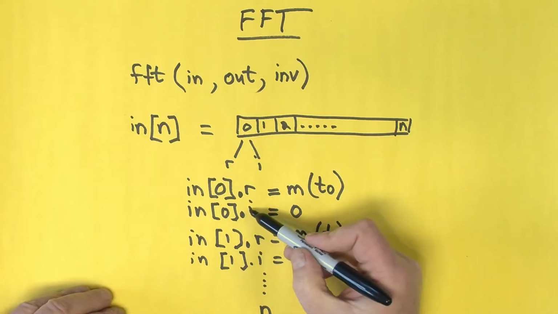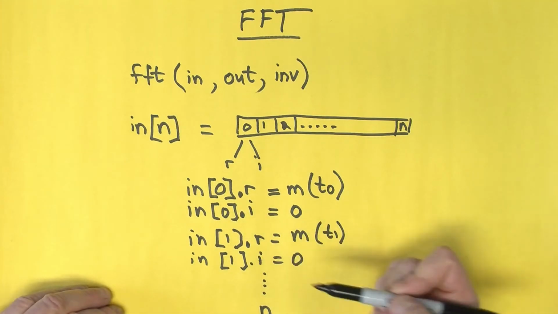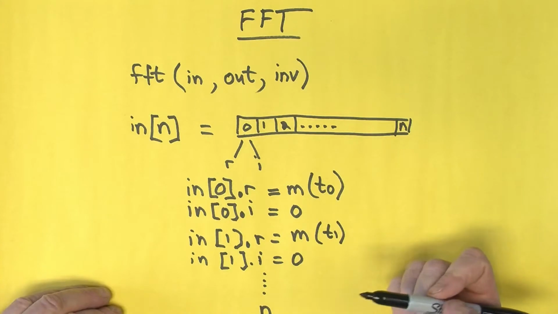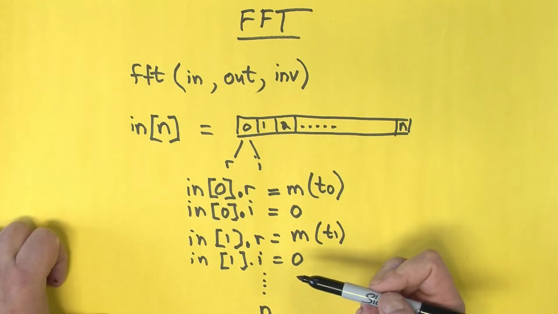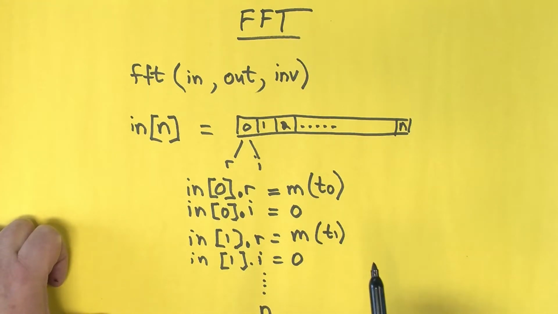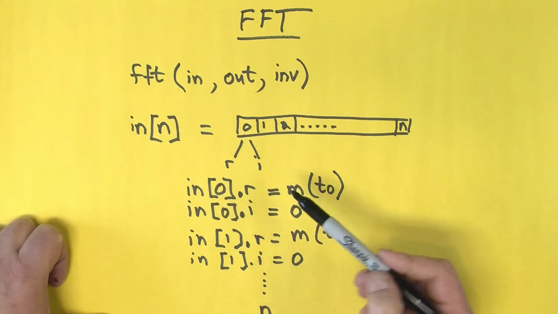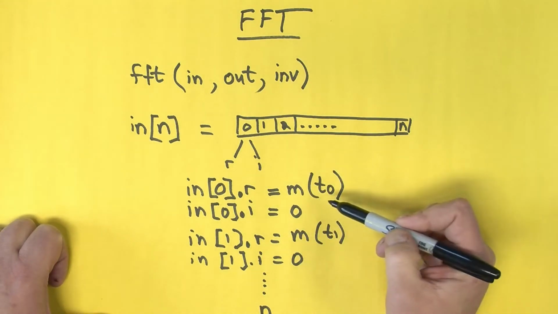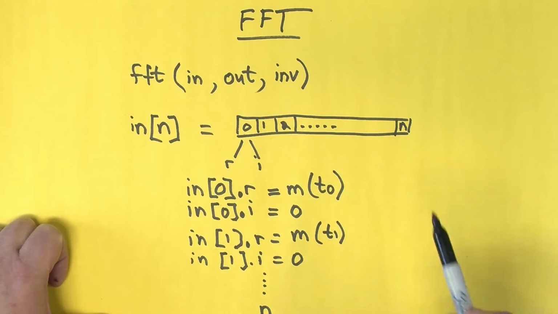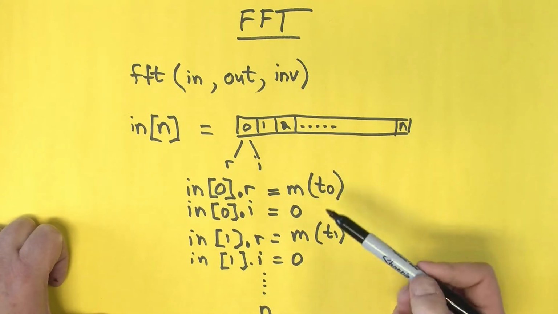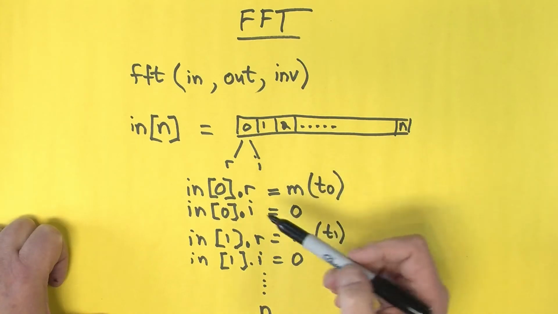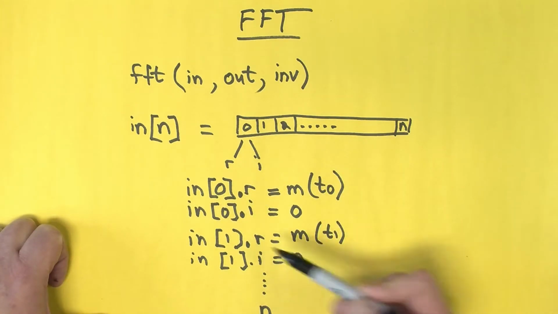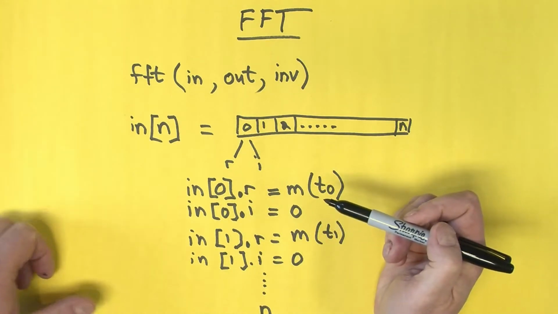Don't worry about these imaginary parts being set to 0 right now. We'll cover that in some future video. For now, it is simply the same thing as in the equations that we had looked at before. We're going to be multiplying the cosine and sine functions by these values over here.